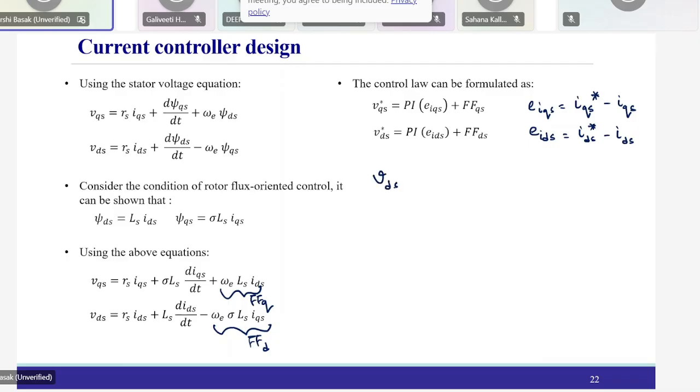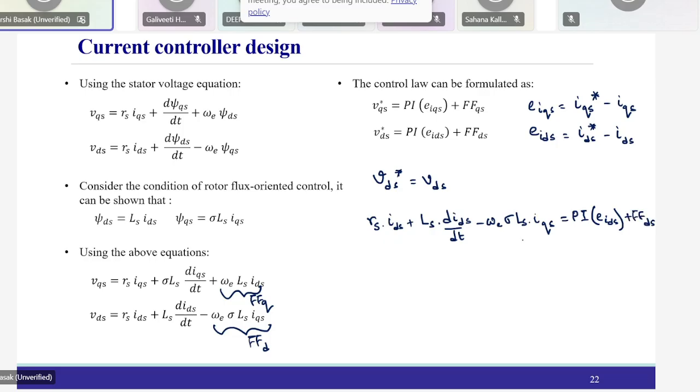So in that case, if we compare here, VDS reference is equal to VDS, then RS into IDS plus LS into dIDS/dt minus omega E into sigma LS into IQS is actually equal to this PI controller over EIDS plus FFDS.